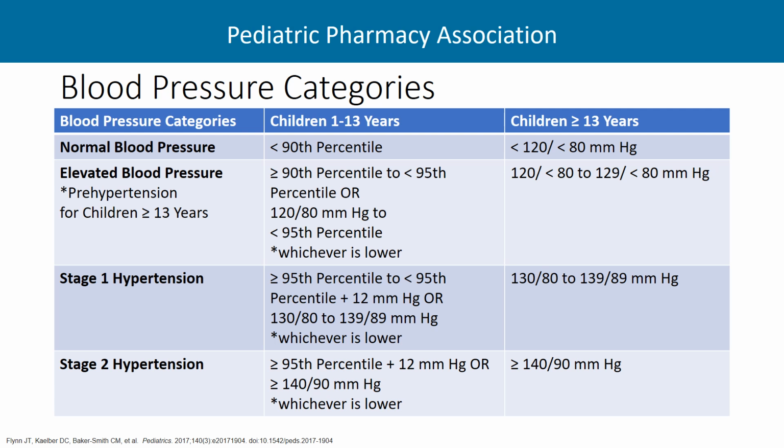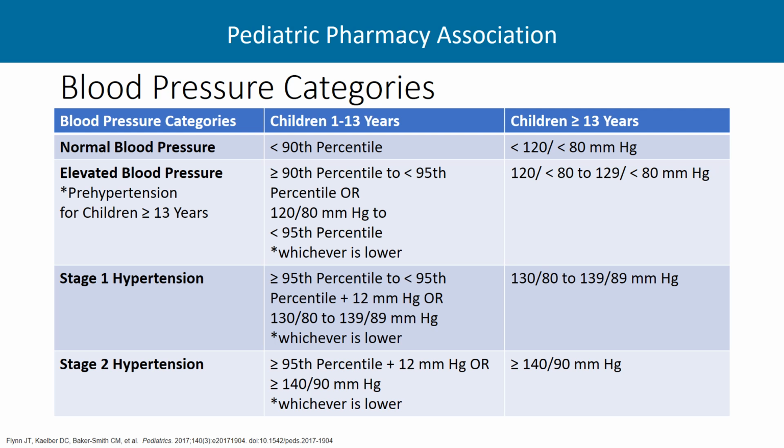So here's a table that discusses blood pressure categories, which is divided by the columns children age 1 to 13 years of age and children 13 years of age and older. We already discussed normal blood pressure on the previous slide for younger children, but keep in mind once adolescence is reached, adult values such as less than 120 over less than 80 millimeters of mercury would be the cutoff.